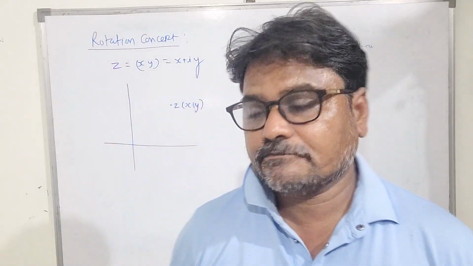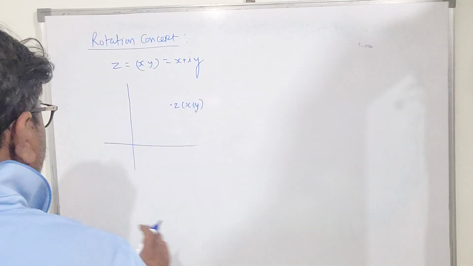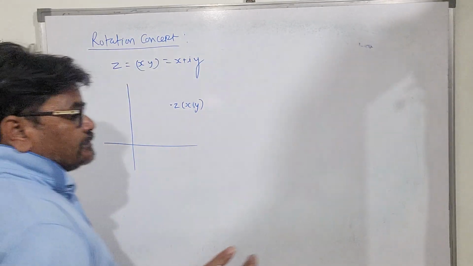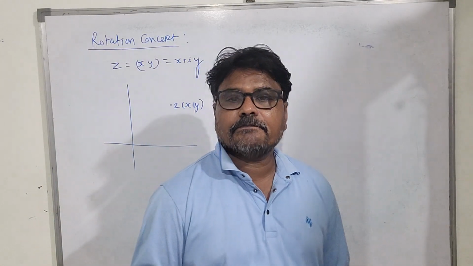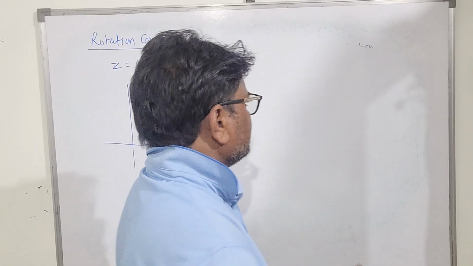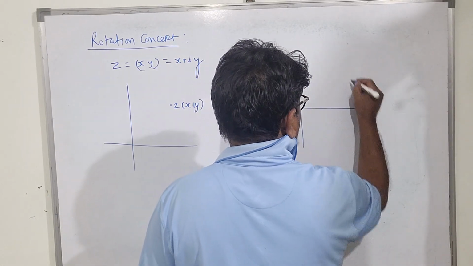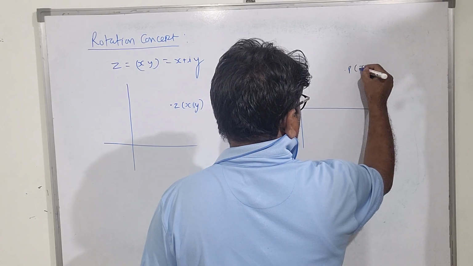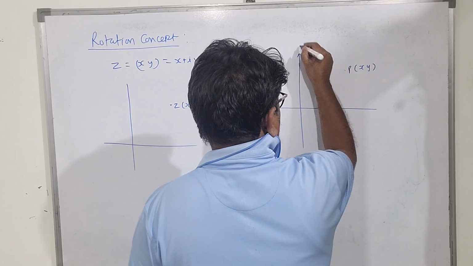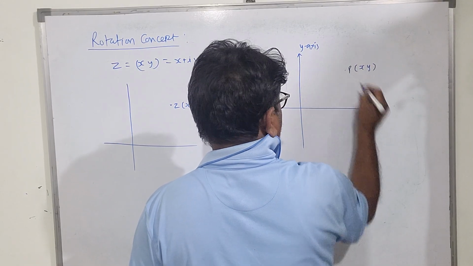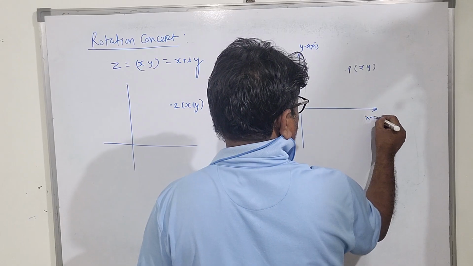That is important. Now for this, you have to understand the concept of vector algebra. In vector algebra, what happened? This is your point P having the coordinate x comma y. This is y axis and this is x axis.